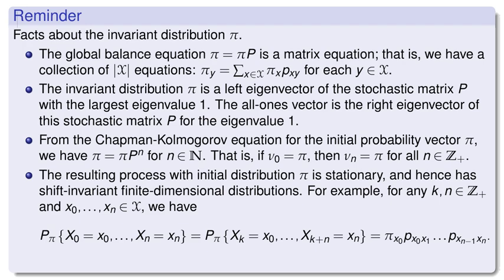Lastly, if a process starts with the invariant distribution Pi, then this process is stationary. A consequence of this is that its finite dimensional distributions are shift invariant.